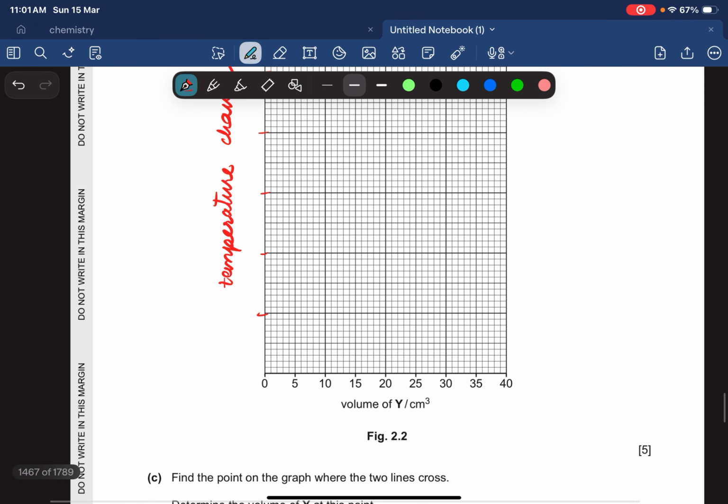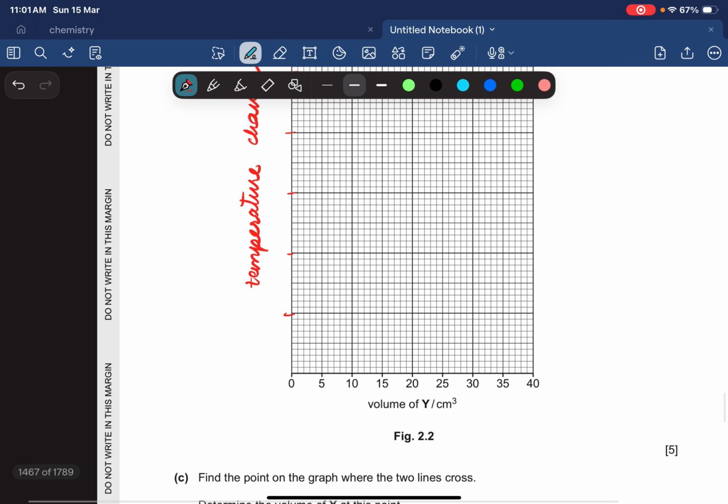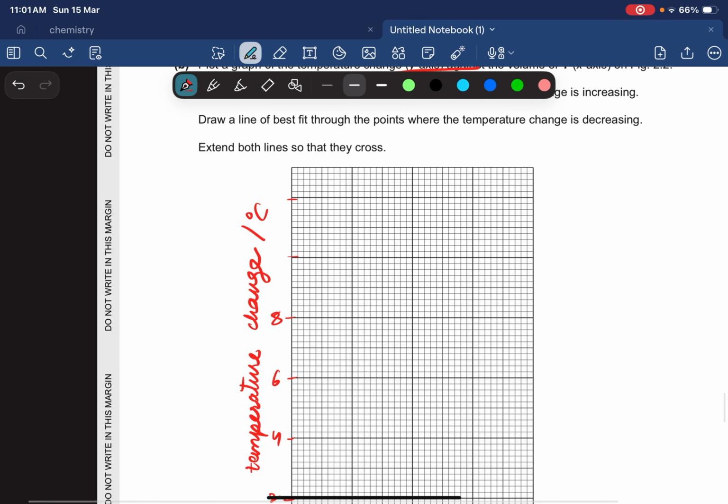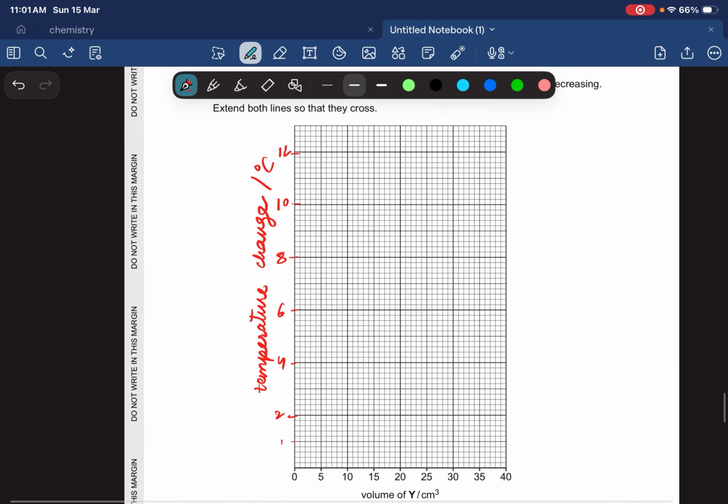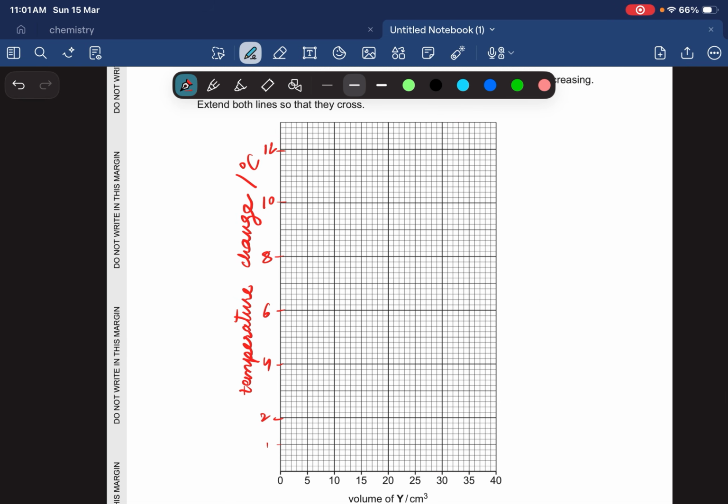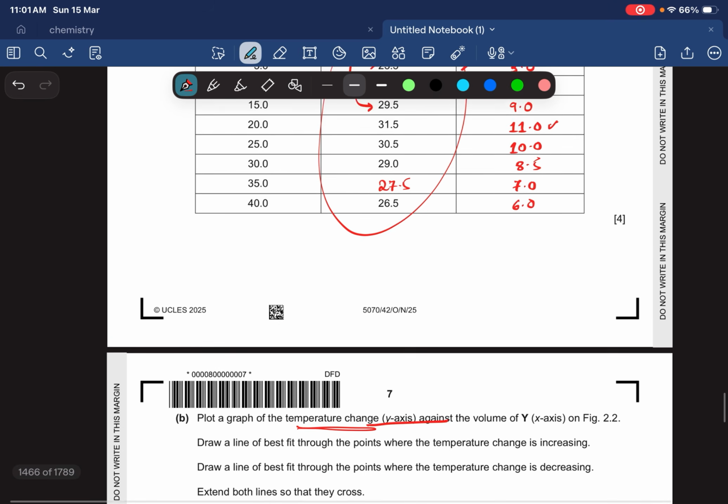No, that's not going to work. 0, 1, 2, 3, 4, 5, 6, 7, 8, 9, 10, 11, 12. That's how we do it. 0, 2, 4, 6, 8, 10, 12. And now we start with the work.